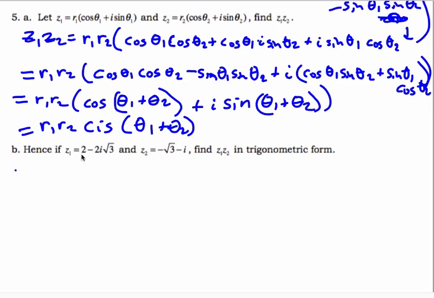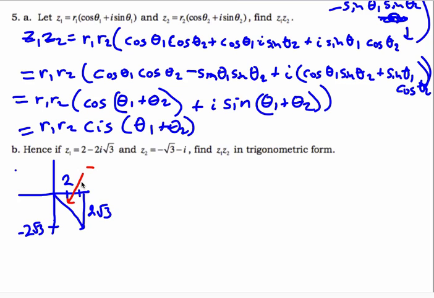Okay, so let's figure out what z1 and z2 are first of all. So here's z1, real part 2, imaginary part negative 2 root 3. So it's over here. This is 2. This is 2 root 3. So again, we got the ratio of like 1, root 3, 2. So this angle here is going to be negative because it's in this quadrant here.